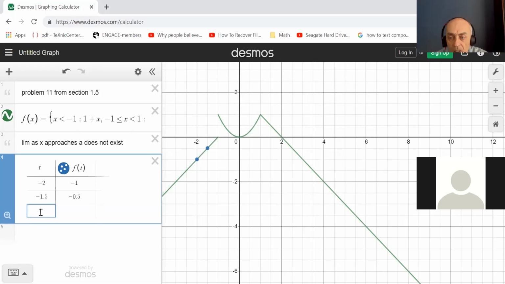Can somebody tell me how to get closer to -1, folks, but still to the left? What number would I put here which is even closer to -1? -1.05, that's correct.